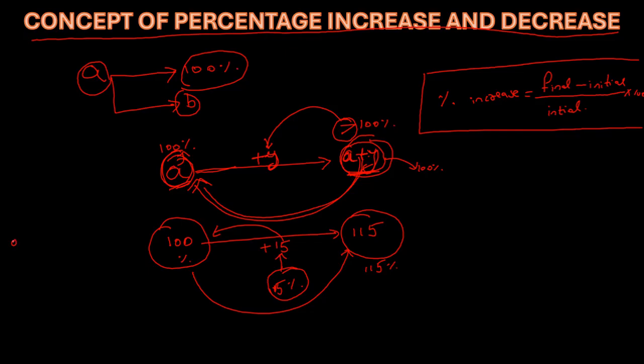Suppose I have a number A and it is reduced by Y units and it became A minus Y. Percentage that is reduced is equal to final value minus initial value upon initial value multiplied with 100.